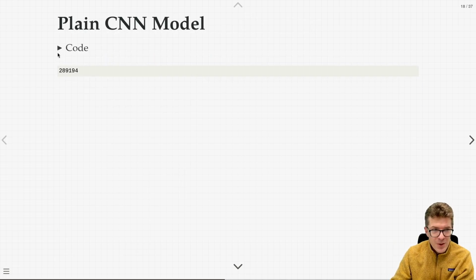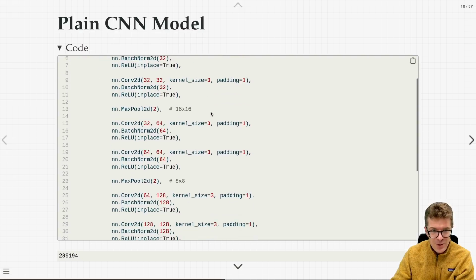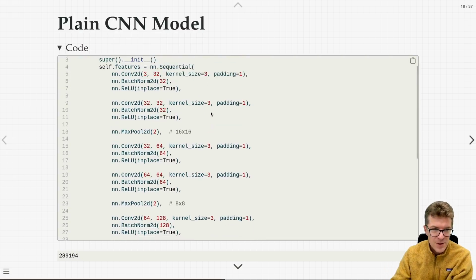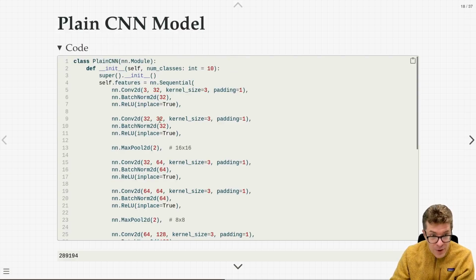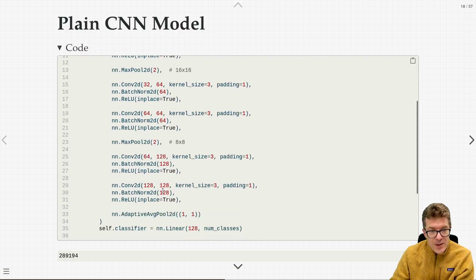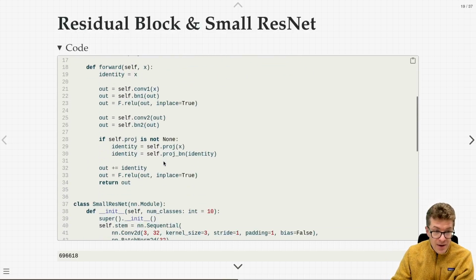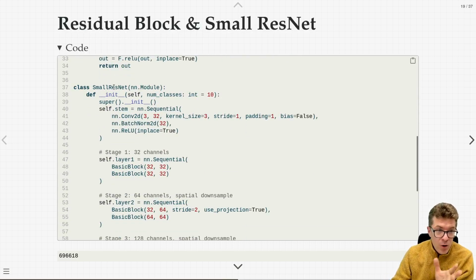I don't want to spend too much time on this in this video because it's really getting into details that I could talk to you about in person. Here we have our 32 by 32. This goes to 64 by 64, which goes to 128 by 128 in the sequence of these convolutions, batch norms, and ReLUs. When I'm defining my small ResNet, I still have my initial convolution, which goes to 32.